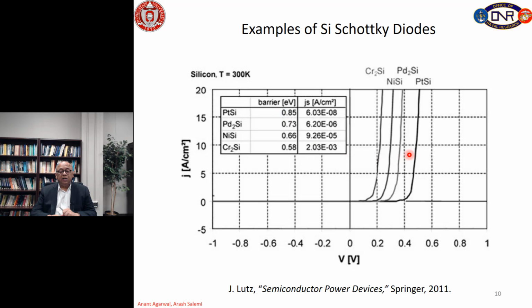And you can see platinum silicide has the highest barrier height and therefore has the highest knee voltage here, whereas chromium silicide has the lowest knee voltage on silicon, which is about 0.2 volts. PN junction for silicon would be at 0.7 volts, so the knee would be here.